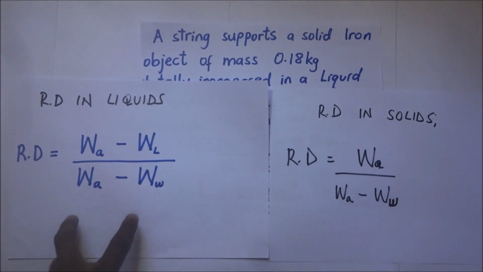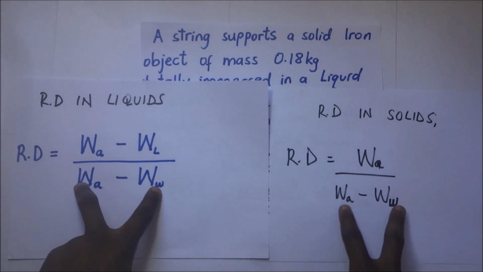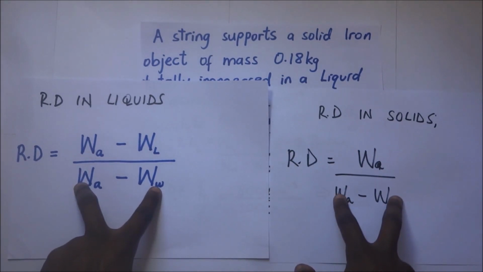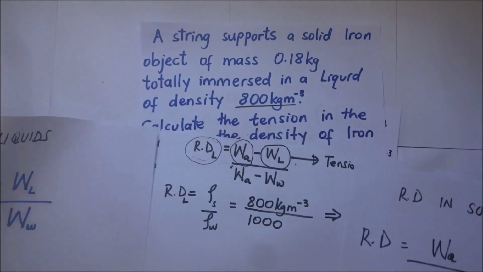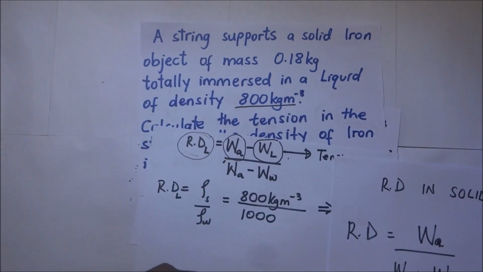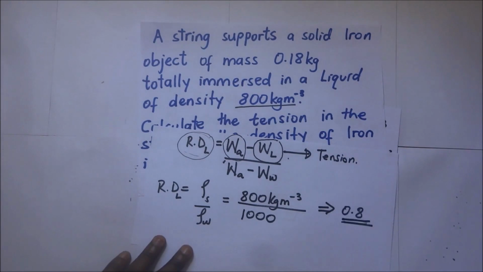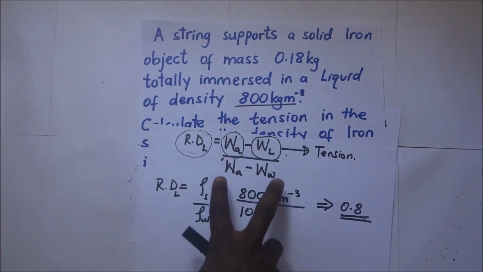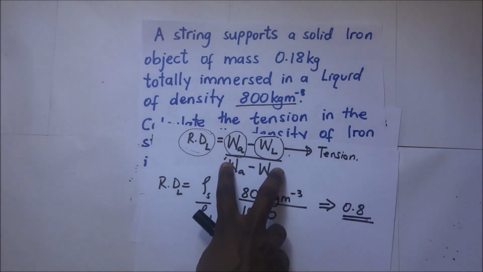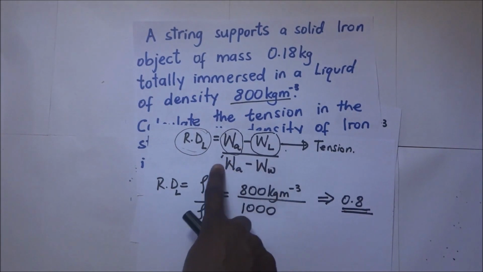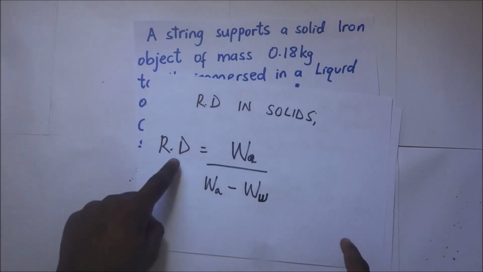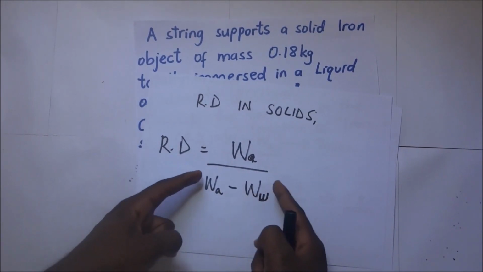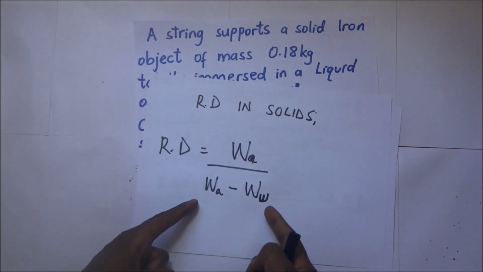Now you realize that this expression in the denominator is the same as that expression in the denominator. Getting back to our question, one of the parameters that we need is the apparent loss in weight of the substance when it is immersed in water, and in our expression for relative density of a solid, it is the same expression in the denominator.